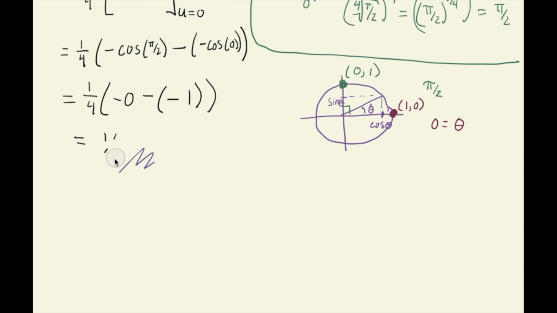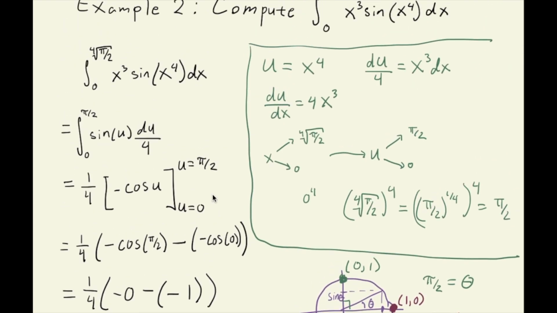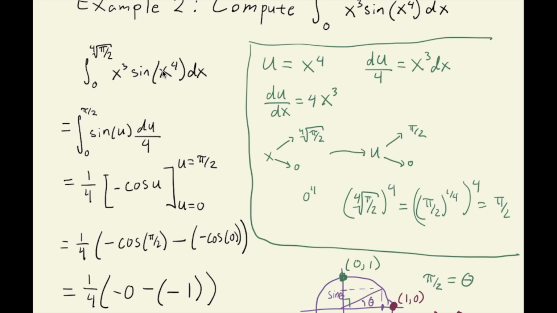Well, that 4 is almost looking like a 9. Let me write it again. 1 over 4. All right, so we started with this integral in x. We made a substitution u equals x to the 4 because we saw the derivative of x to the 4 outside here, x cubed, right?